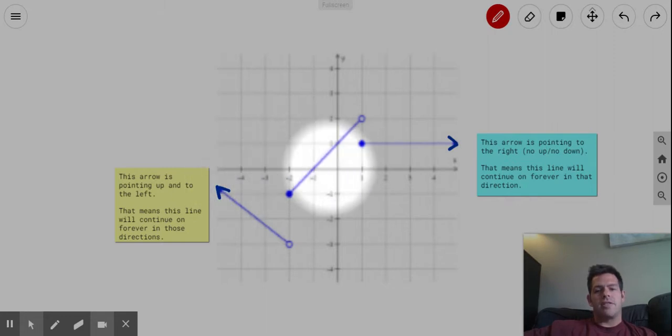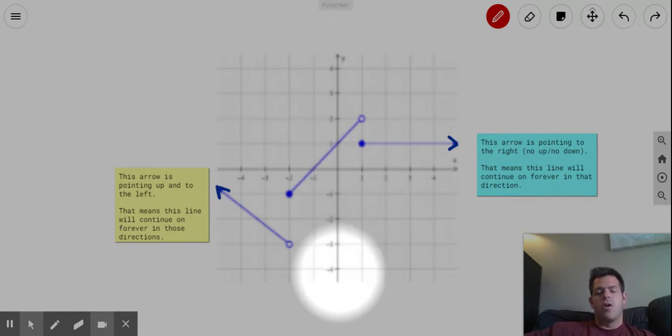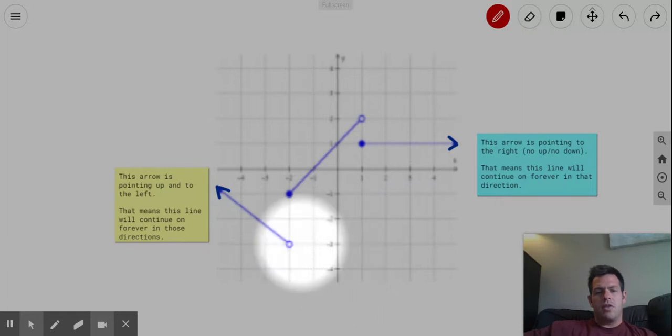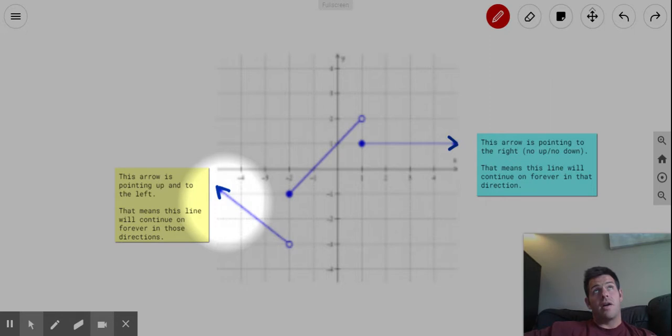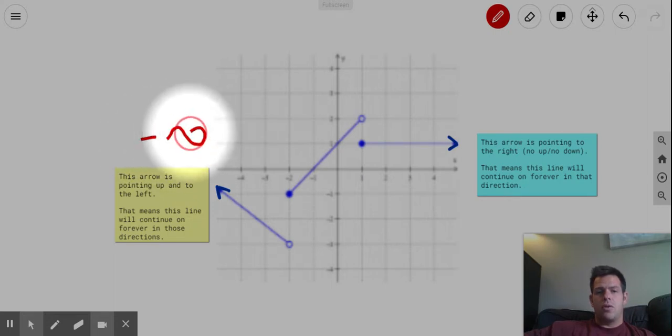Again, our x values, as we go to the left, get negative. Our x values, as we go to the right, get positive. For range, our y values get more positive when we go upwards, and more negative when we go downwards. So if this arrow is pointing upwards and to the left, starting with the idea that it's pointing to the left, it's going to go on forever going to the left, eventually traveling to negative infinity.